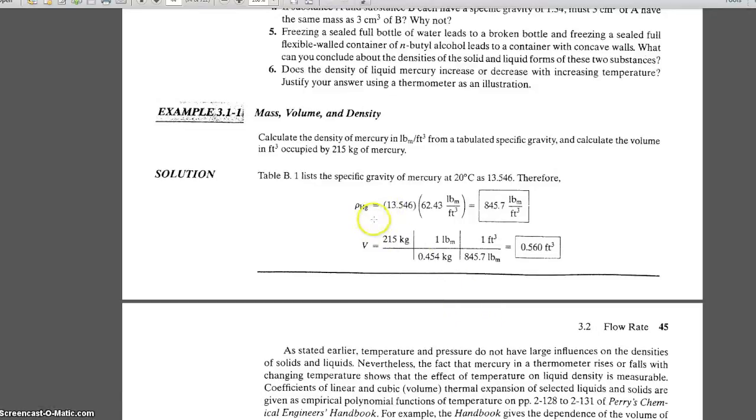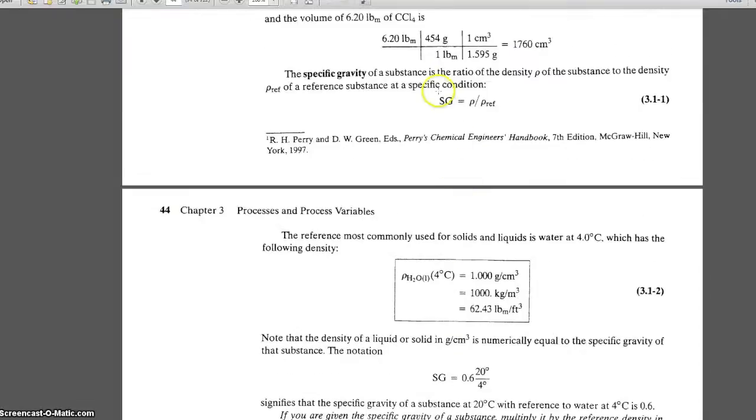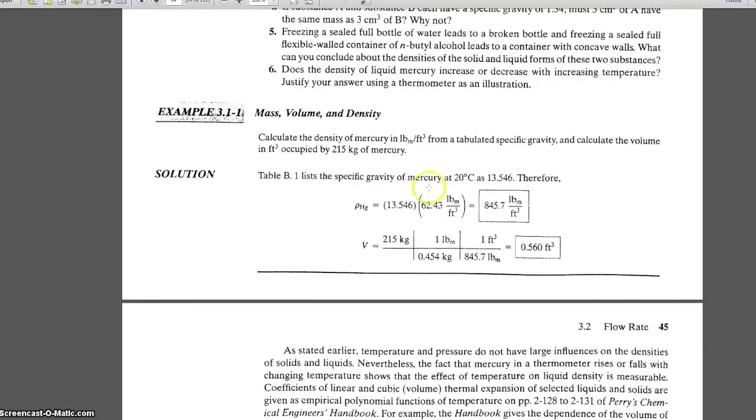So arranging the SG equation up here, equation 3.1-1, you have to arrange it to get the density of mercury.